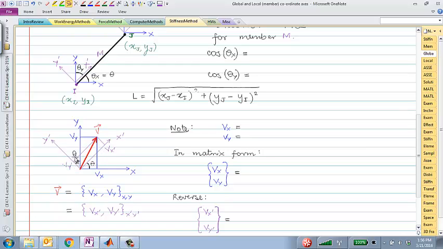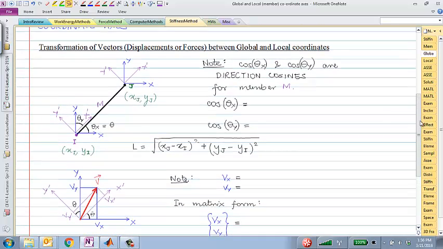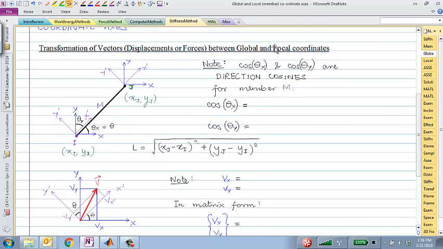And we have to be able to correlate how we can find vx and vy with vx prime and vy prime. And that relationship between these two coordinate systems is basically what we call transformation of vectors between global and local coordinate systems. This is something that I'm sure you have done before, but I'll show you somewhat of an easy way to do this.